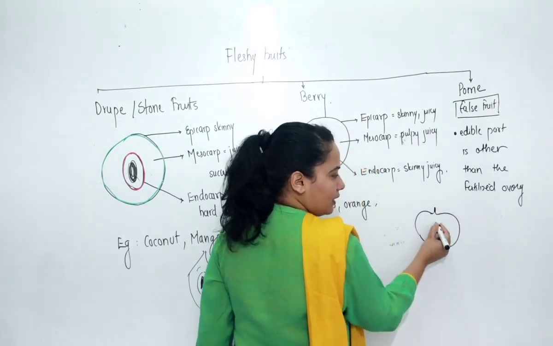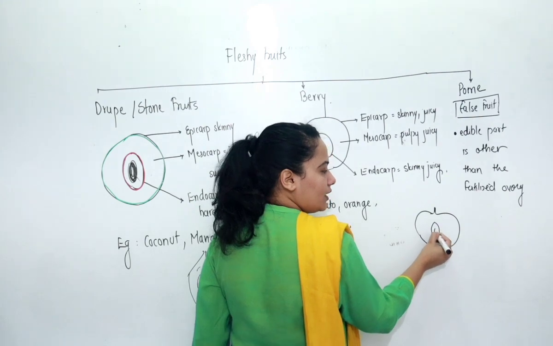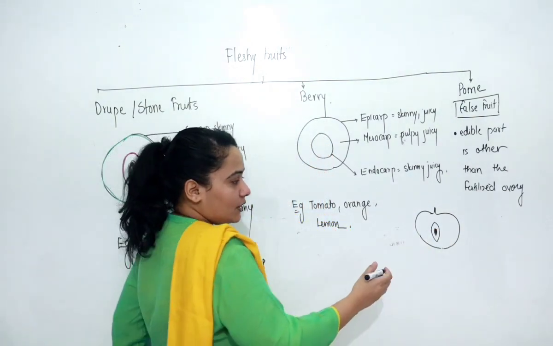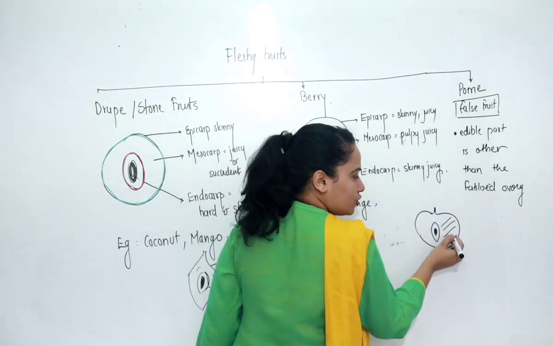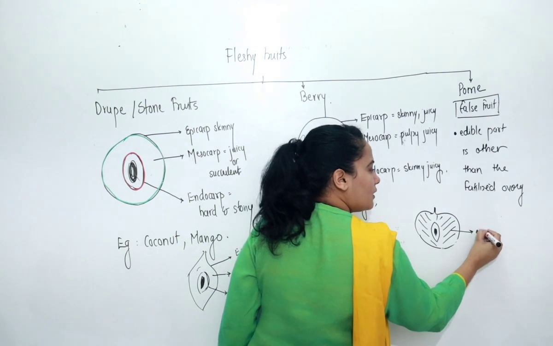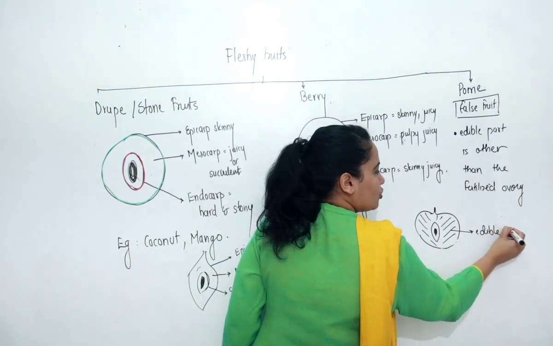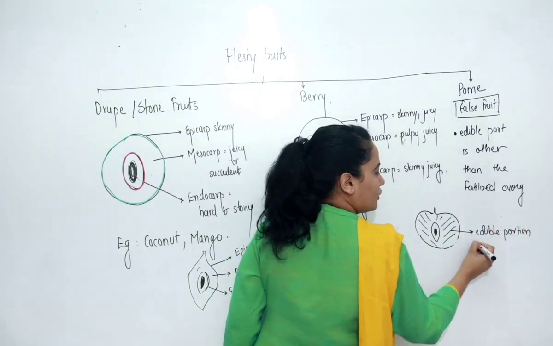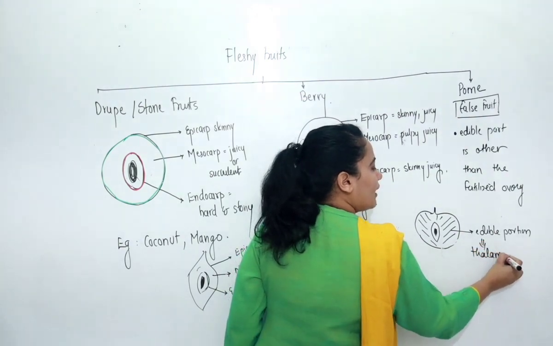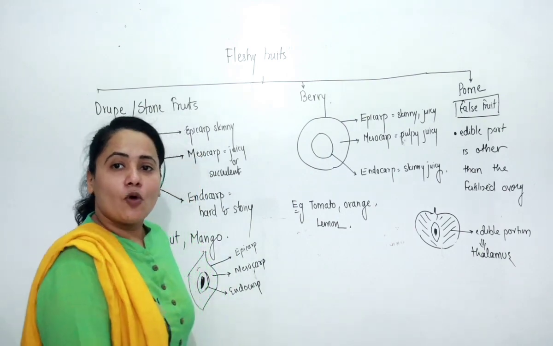Now in apple, here comes the ovary and inside comes the seed. But in apple, this whole portion, whatever we eat, that is the edible portion. This edible portion is developed from the thalamus, and that is why we call it pome or the false fruit.